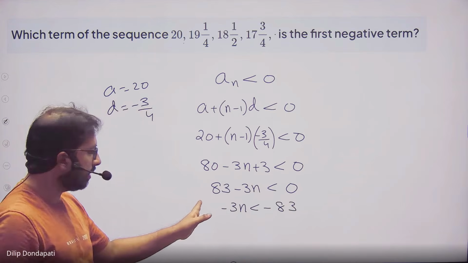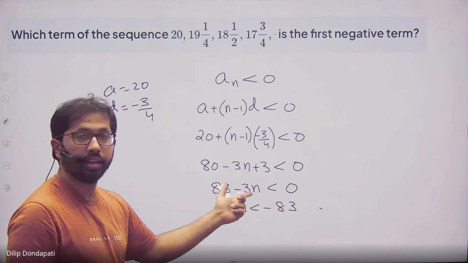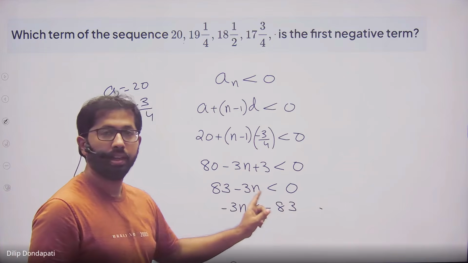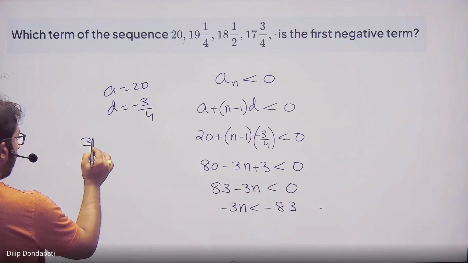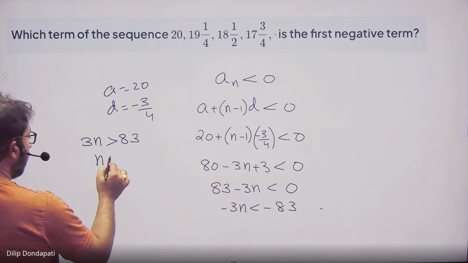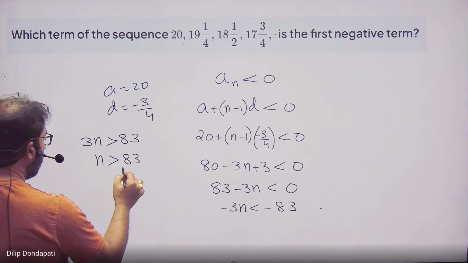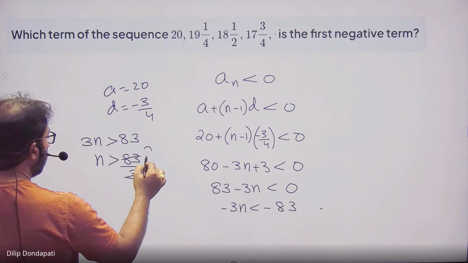Now minus से पूरा मल्टीप्लाई करूंगा both sides, the less than will become greater than. So क्या होगा? 3n is greater than 83, so n is greater than 83 by 3. Okay, कितना होगा? Approximately 3 2 is 6. Sir, approximate 28.